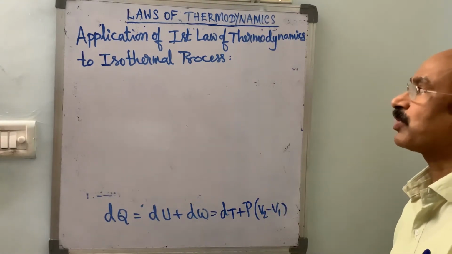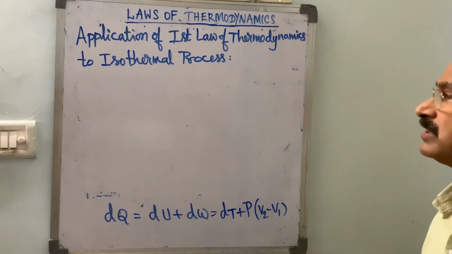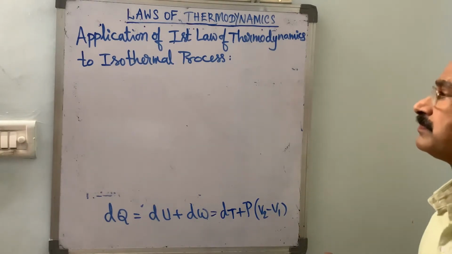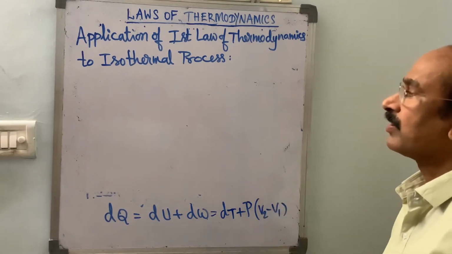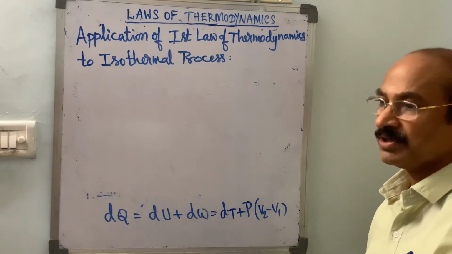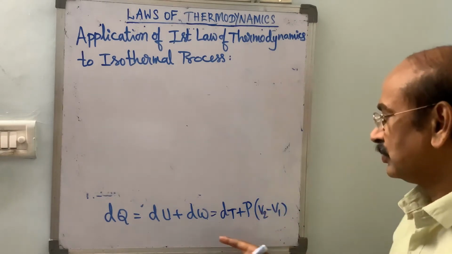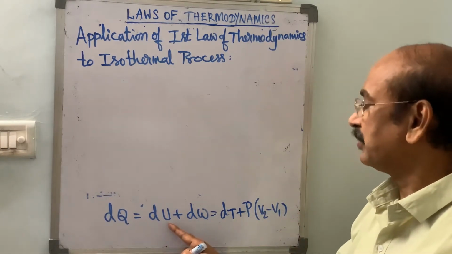In an isothermal process, temperature is constant. Therefore, internal energy remains the same, that is, the increase in internal energy is 0. So du is equal to 0.